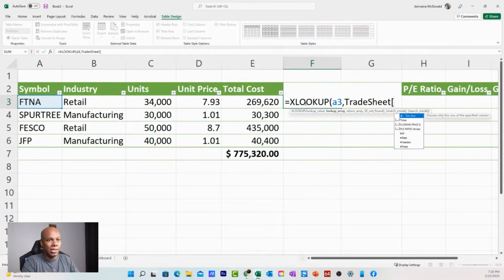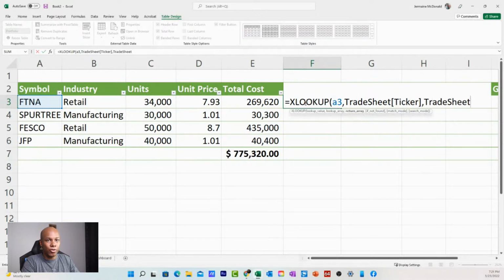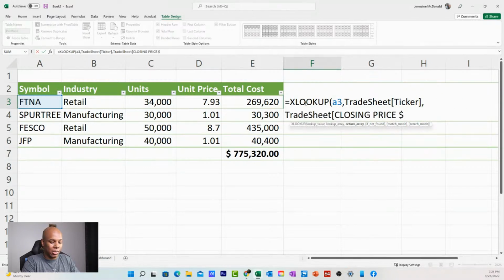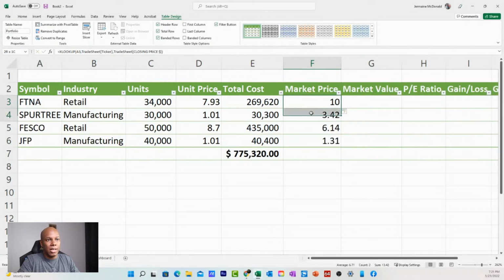That's what we called it. And we want the ticker column, so that's what we're looking up and matching it. And then now we want to return the trade sheet and the closing price. Just going to close that. So that's it, right?